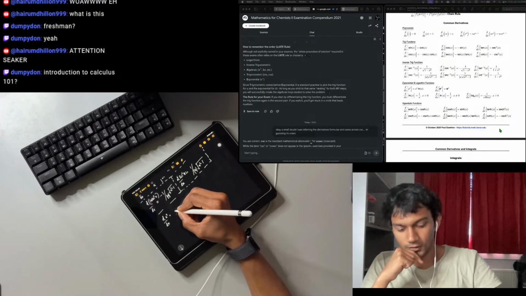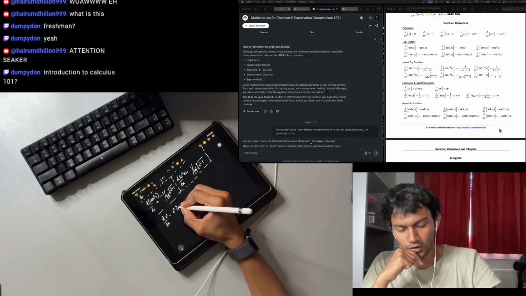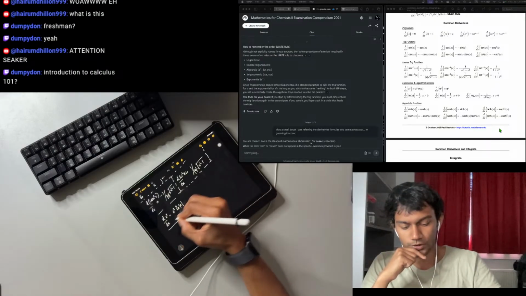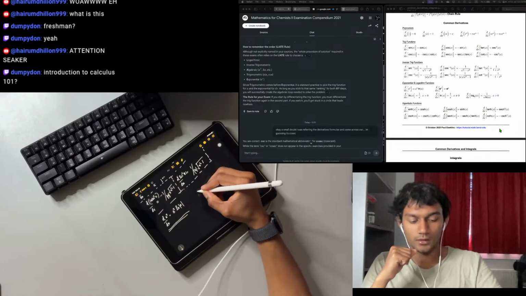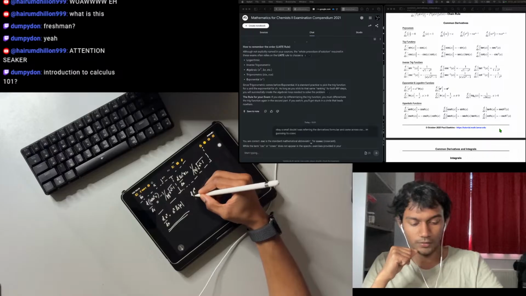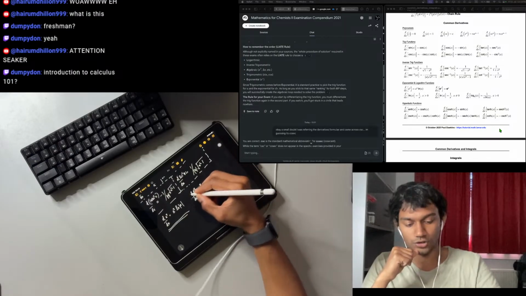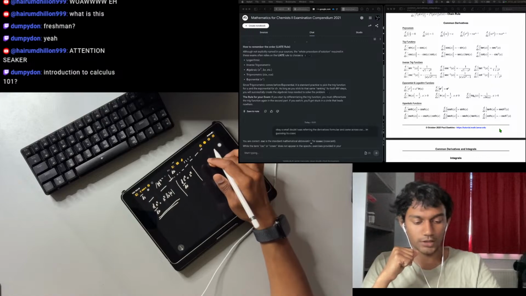If it's a derivative, it's going to be a raised to x times natural log of a. I think this would come in handy. Derivative of e raised to x equals e raised to x itself.